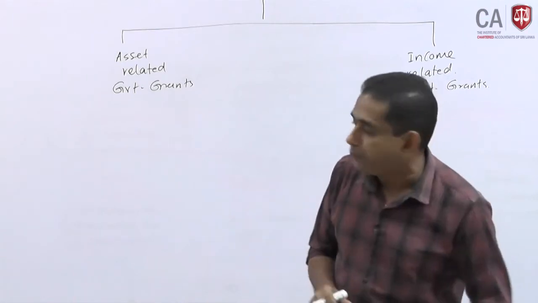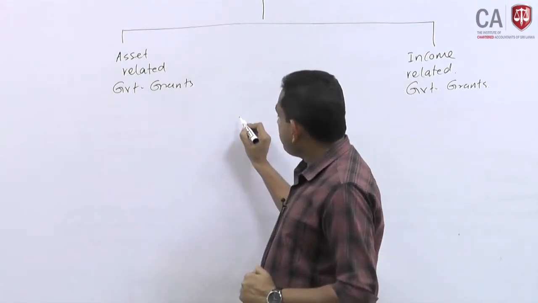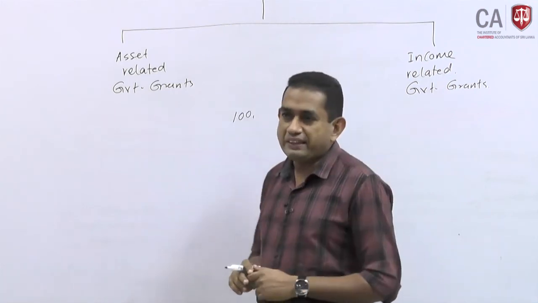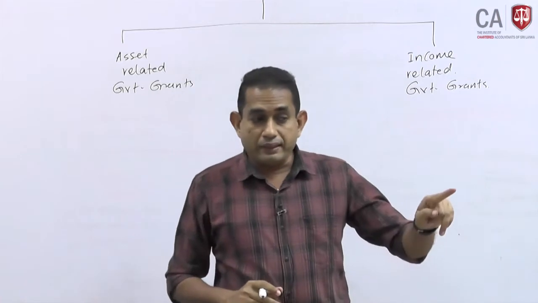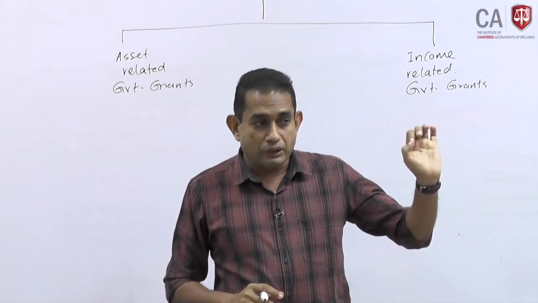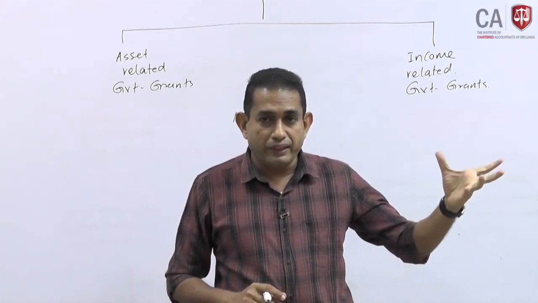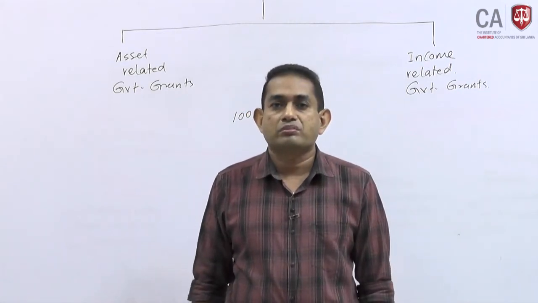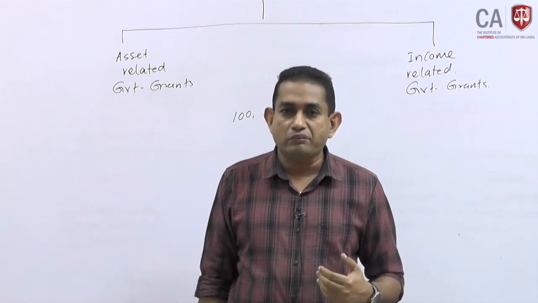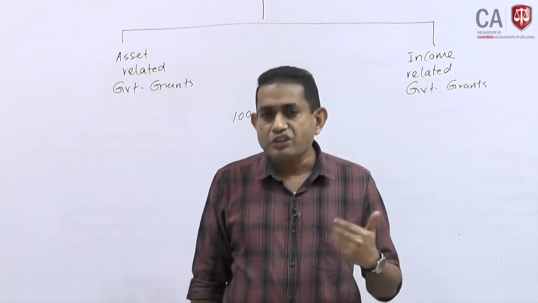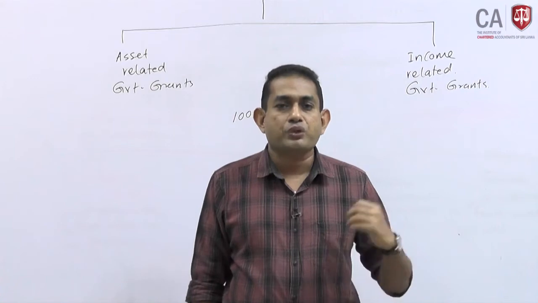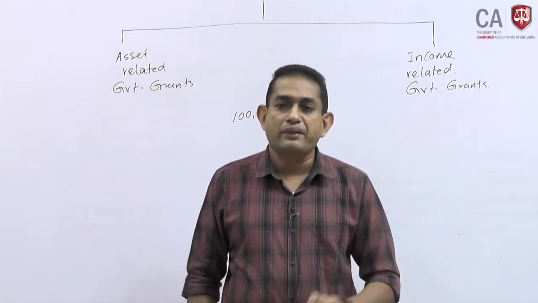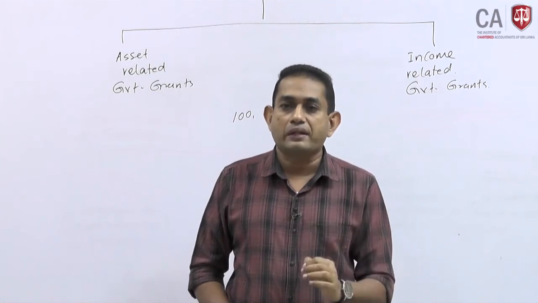Say for an example, if the government decides to offer 100 million rupees in cash to an entity, and the condition is that you can't use this 100 million rupees for any other purpose but to purchase your manufacturing plants. That has to be an asset related government grant. Why? The condition attached to the grant is requiring the entity to purchase manufacturing plants.